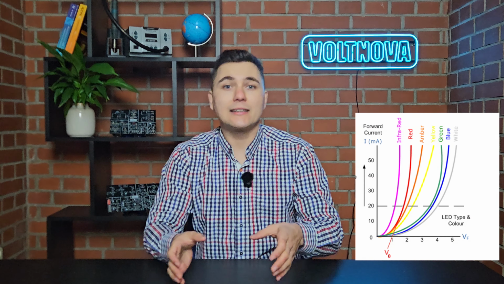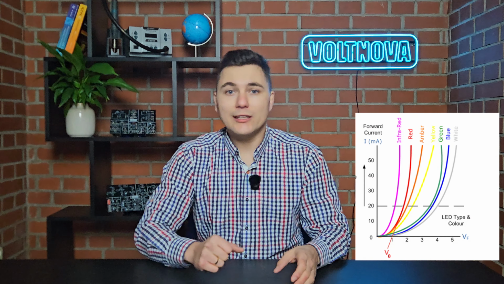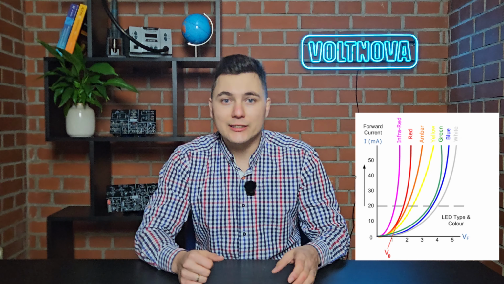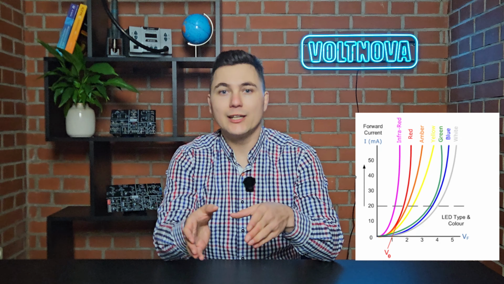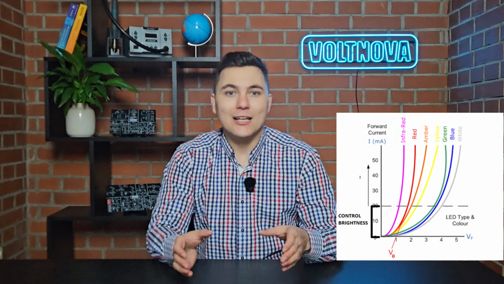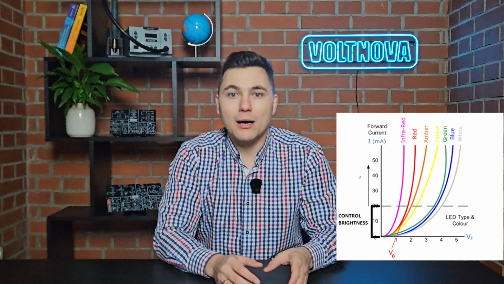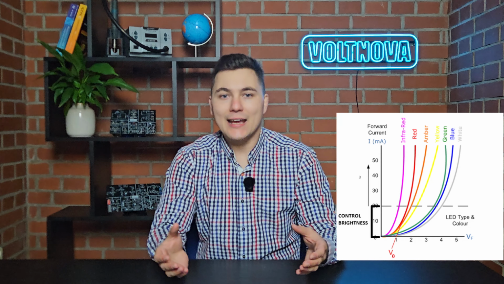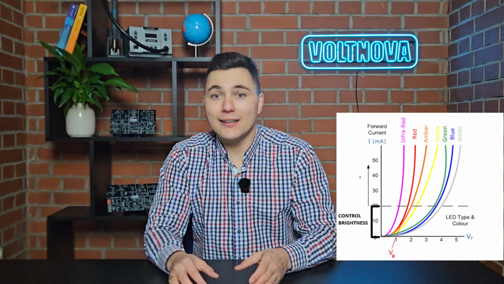Let's check the characteristic again and notice that once the LED reaches its threshold voltage, it's actually controlled by current. More precisely, control means controlling the brightness. So, the higher the current, the brighter it shines.